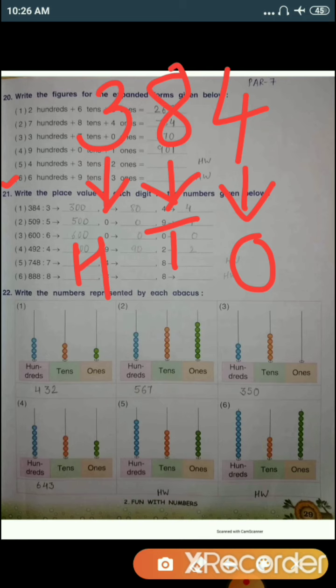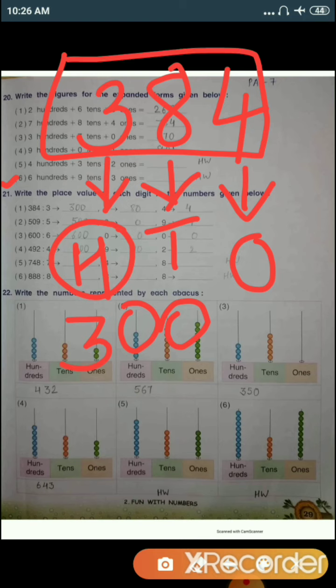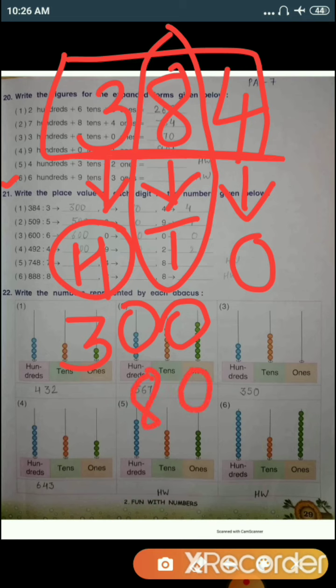Hundreds place. Okay. So first I will write here 3 and 3 comes on hundreds place. So it becomes 300. So value of 3 in this number is 300. After that 8. 8 is on tens place. That means 80. So the value of 8 in this number is 80. And 4 is on ones place. So I will write here 4 as it is.